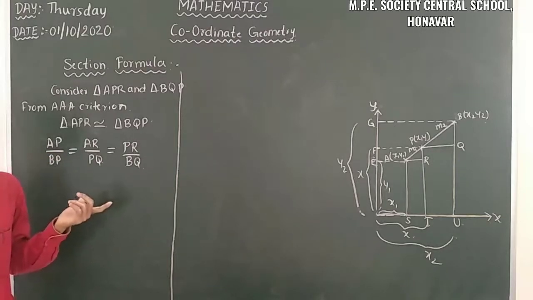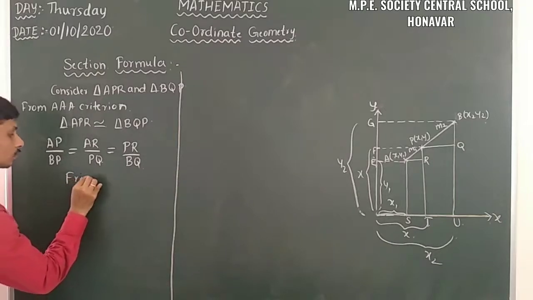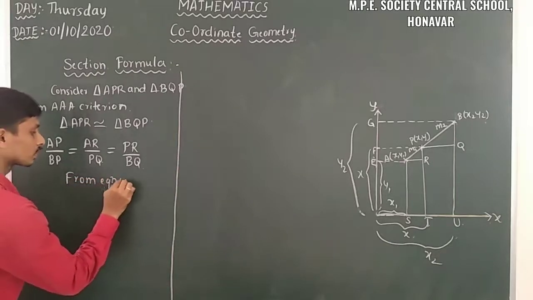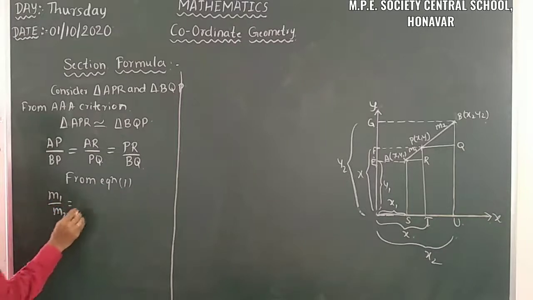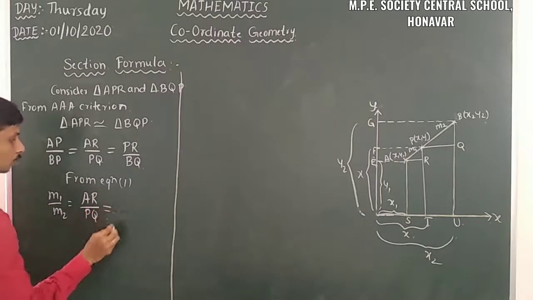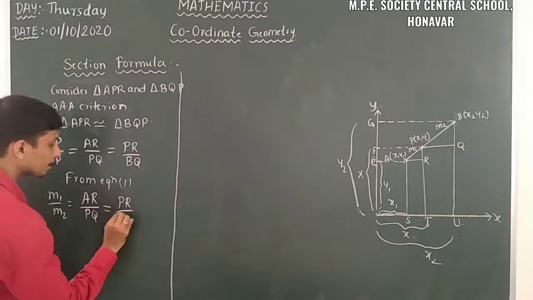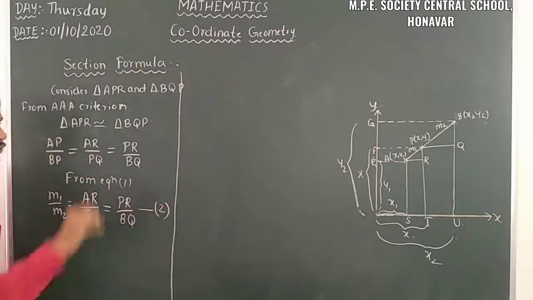So we already know that. So from equation 1, we have m1 by m2 is equal to AR by PQ is equal to PR by BQ. So I will take this as equation number 2 here.